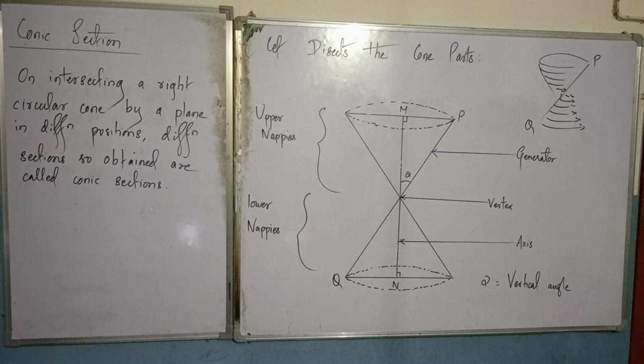So without any further delay, let's move on to the next portion, the very first and the easiest one, the circle. In which situations, if a cutting plane cuts the cone, does it form a circle? We are going to discuss that, and furthermore the other conic sections also. So without any hesitation, let's move on to that.